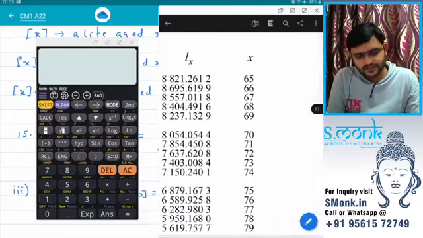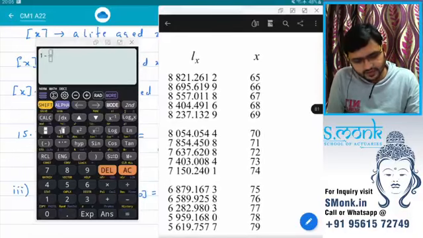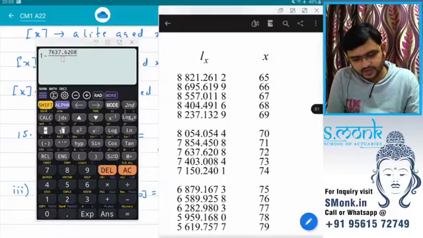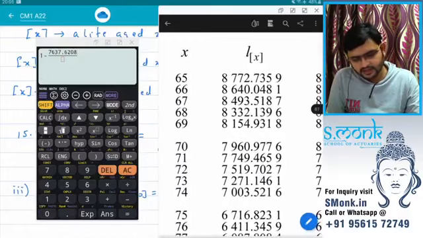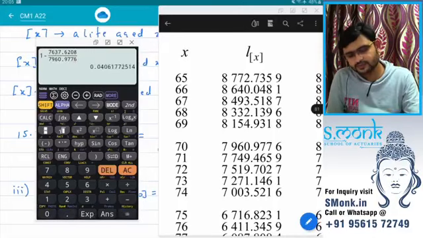So let's first write L72. I'll have 1 minus L72. L72 is 7637.6208, and L select 70 would be this value, 7960.9776. This is our probability.